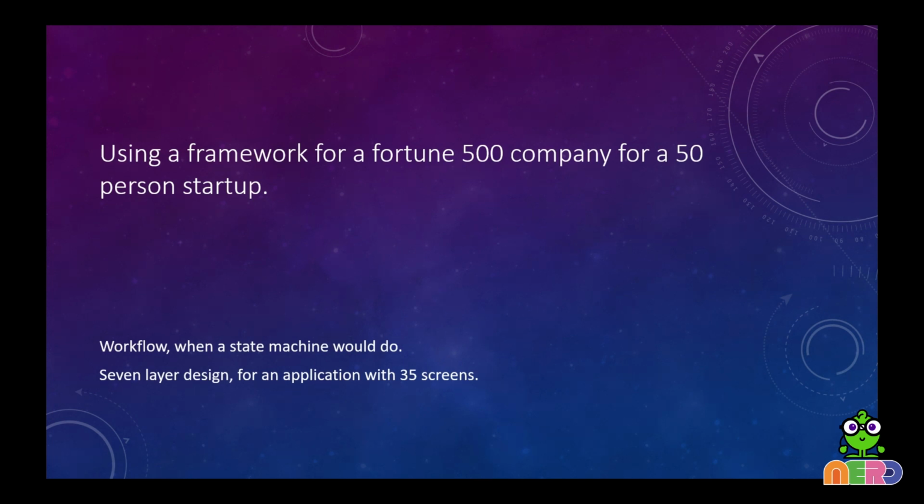But if it's for more than a certain amount of money, it's got to go to the manager's manager, who has to approve it. This thing could take a month, because somebody could be on vacation or whatever, but it handles all of that. But I've seen this applied in a place where just a simple state machine would do. And once again, you're adding a magic black box. What are you really getting out of it?